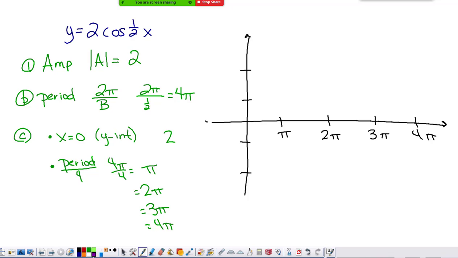So our first point, when x equals 0, we go to a positive 2, because ours was positive. And then what's going to happen at pi? It's going to be at 0. What happens at 2 pi? -2. Yep. What happens at 3 pi? 0. And at 4 pi? Yep, 2. We're all the way back around the circle.